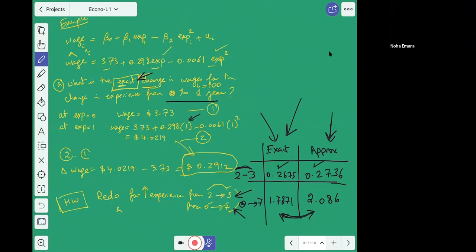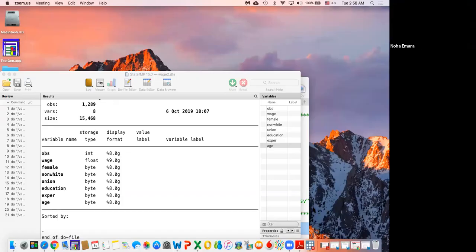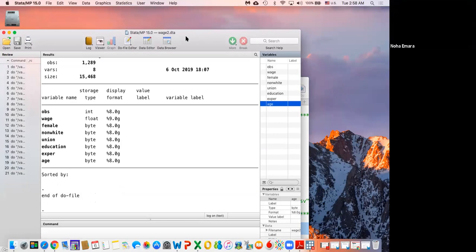Generate, gen is for creating variables. You should have watched my introduction videos for the Stata videos on the course site.